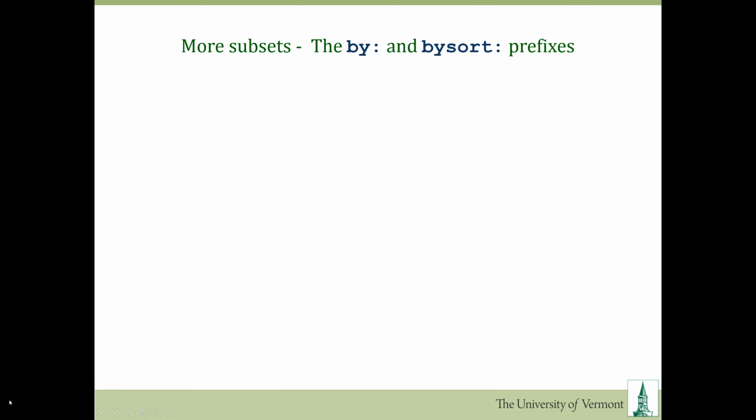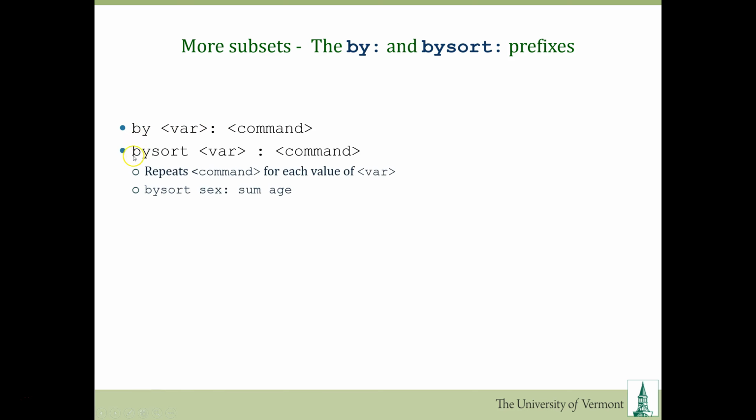There are other ways to make subsets. Let's take a look at the by and by sort prefixes. Here's the grammar. It's a prefix, so it goes before the command with a colon, and then the name of the command. Although, as a rule, the variation, the by sort command, is usually better.